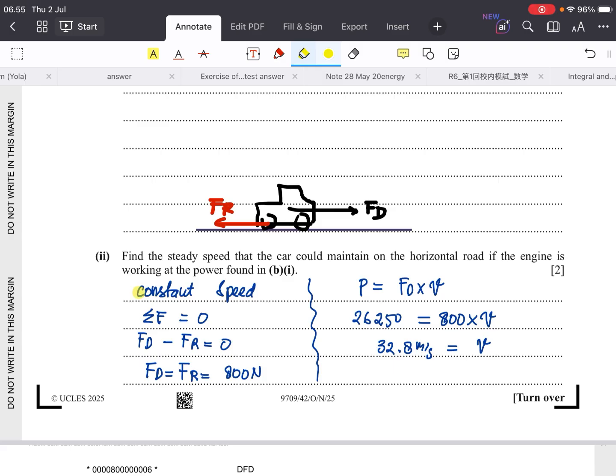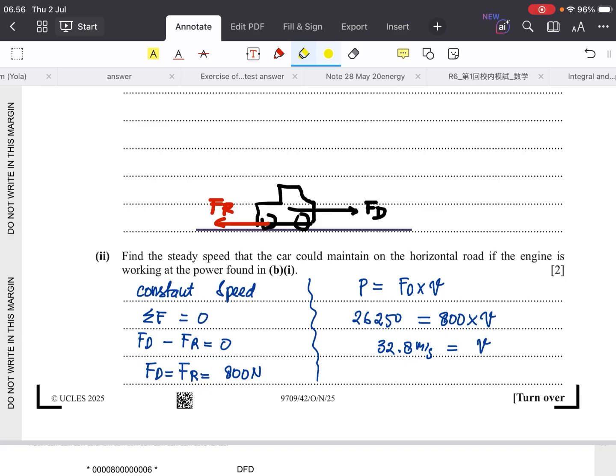And since the car moves with constant speed, according to Newton's first law, the net force on the car is equal to 0. So Fd minus the resistance, the driving force minus the resistance, is equal to 0. So the driving force is also 800 Newton.